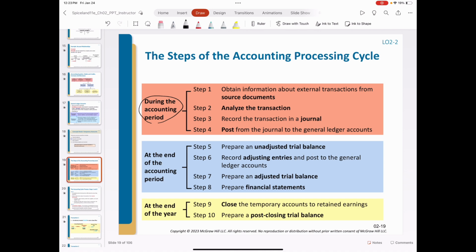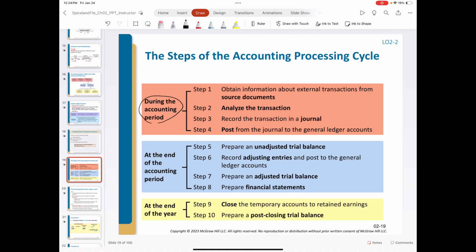During this period, we mainly focus on the external transactions that are related to the company's day-to-day operation. External transactions represent transactions with other business entities, government, or individuals, and these transactions are documented. By analyzing the documents, we can make journal entries and the follow-up steps.